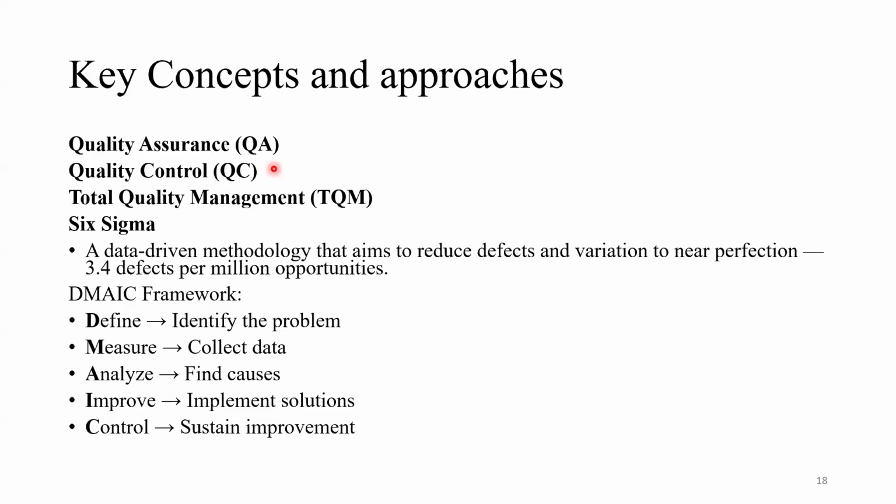But quality control is once the finished product is ready, you check whether there is any defect. It is called the detective side. QA is the preventive side, and QC is the detective side, where after the finished product you check whether the product has come out in a proper way.